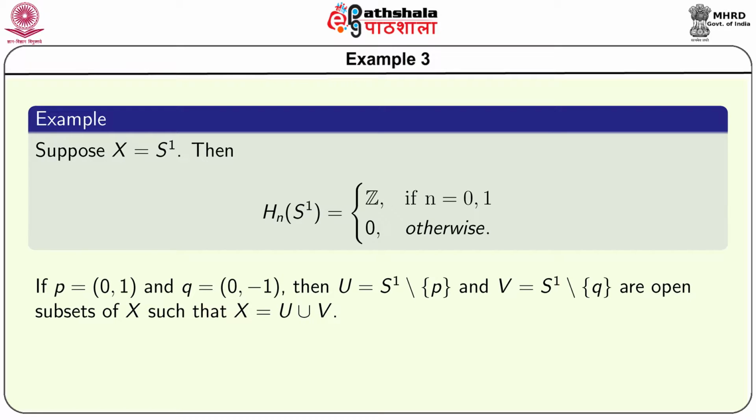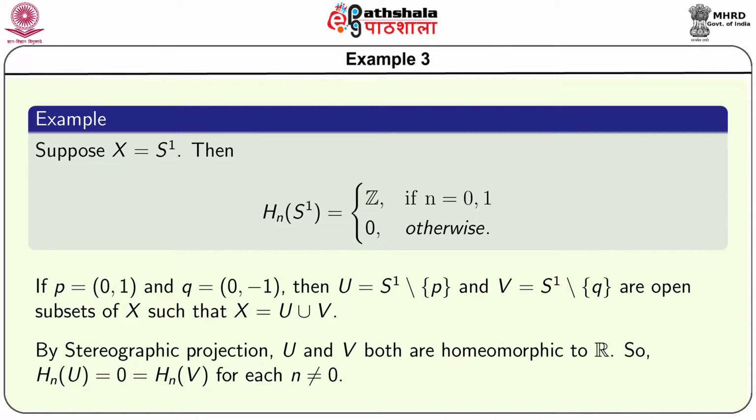If I take 2 points P and Q from S1, then deleting those points from S1 respectively, we get the open sets U and V. And of course, X is equal to U union V. By stereographic projection, U and V both are homeomorphic to R, and so Hn(U) and Hn(V) both are trivial whenever we take n not equal to 0.